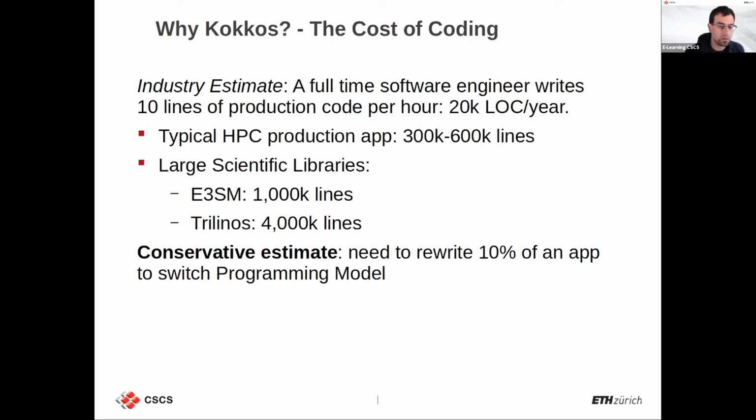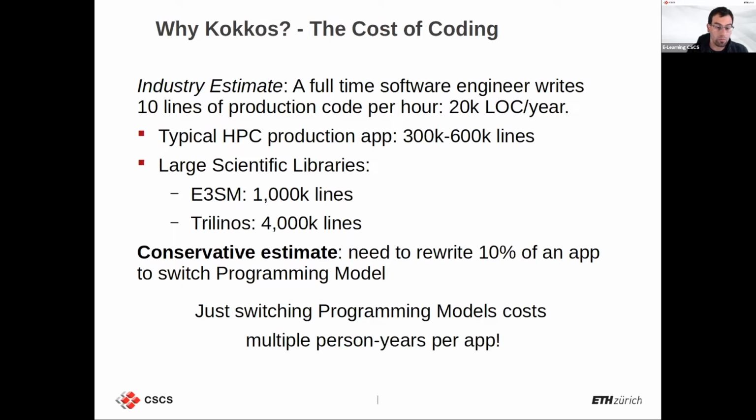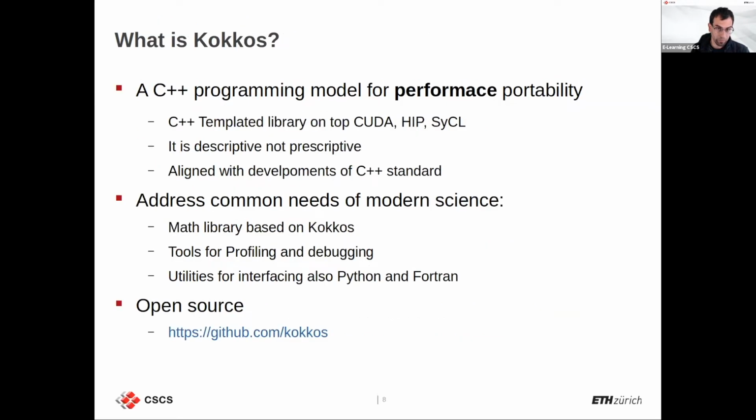For example, Linux is 4,000 lines of code, and similarly also PETSc. So considering a conservative estimate, you need to rewrite 10% of your application to switch programming model. This will end up costing a lot, multiple person years per app. So this needs to be considered now and in the future, since we will have multiple architectures, and also because it's not feasible from the economic point of view.